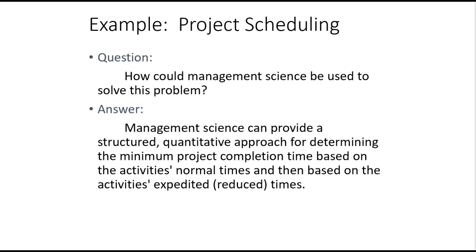Then I might ask, well, how can this management science approach be used to solve this? Well, through this modeling, I'm going to create this quantitative approach to minimize the completion time based on normal activity times along the way.